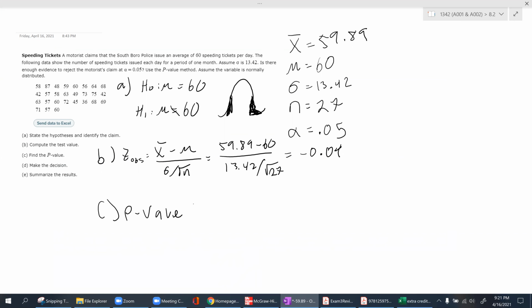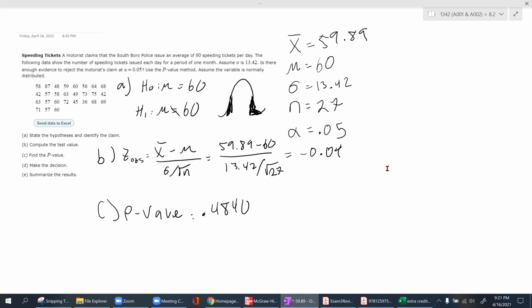So the value I got here was 0.4840. But one thing I need you to remember is, if you are doing a two-tailed test, I need you to double that.